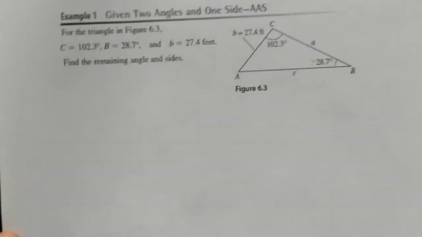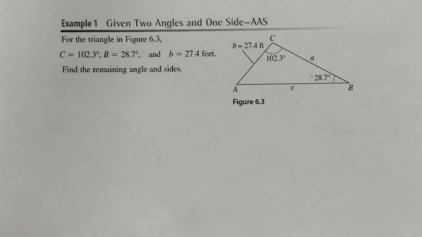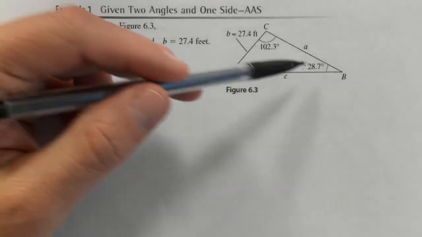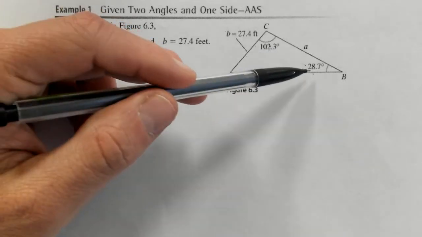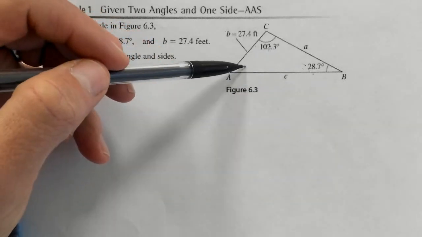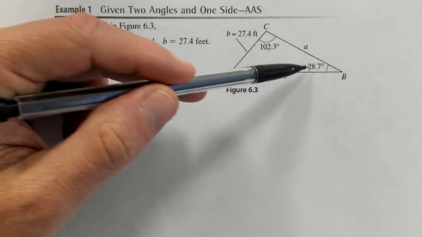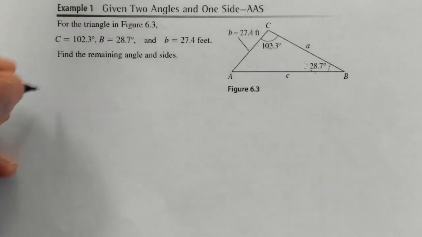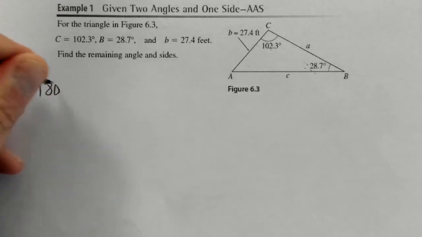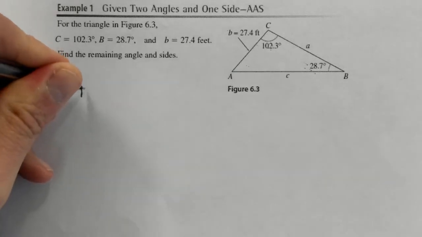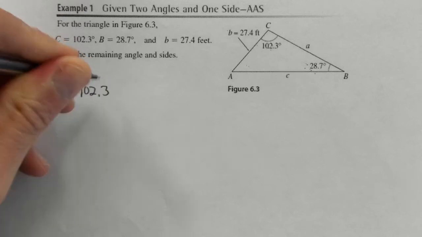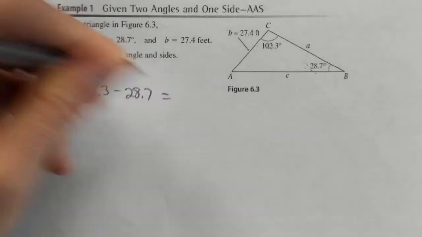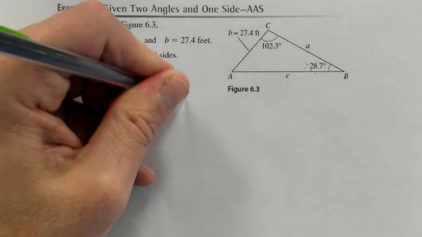Now, here's my first step in solving this. Since we have two of the angles, we can find the third one, because remember from geometry, all three angles inside of a triangle add up to 180. So the first thing I'm going to do is 180 minus 102.3 minus 28.7 and get 49.